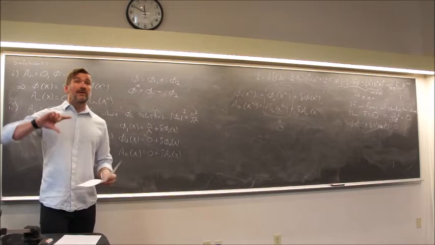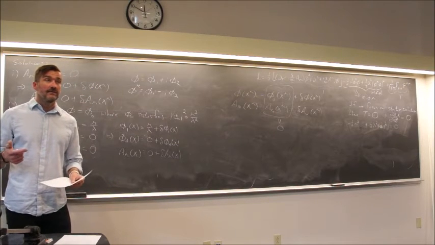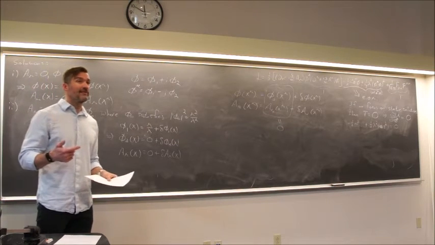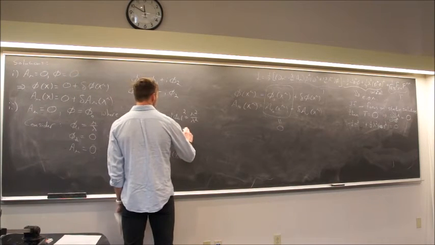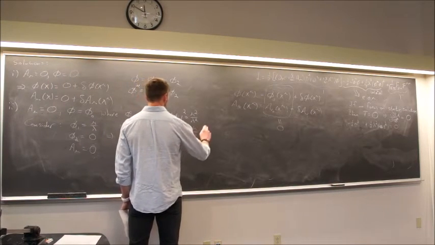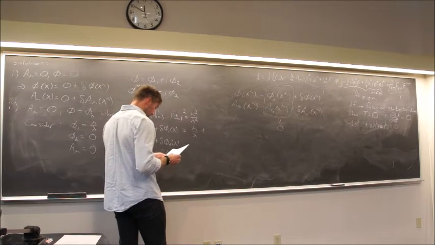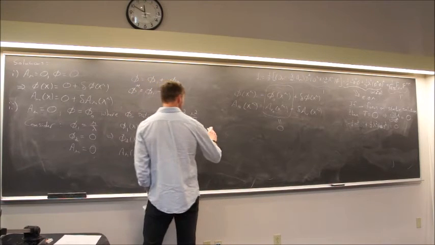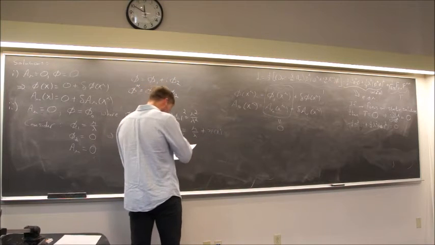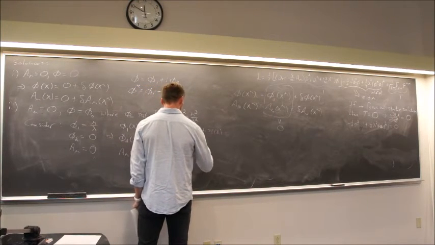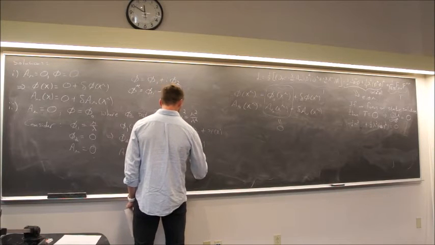Now I'm going to rename some things, because I'm going to write down a very nasty expression, and I want to clean it up as much as I can. So I'm going to call this mu over lambda plus eta. I'm going to call this beta, and I'm just going to call this A mu.